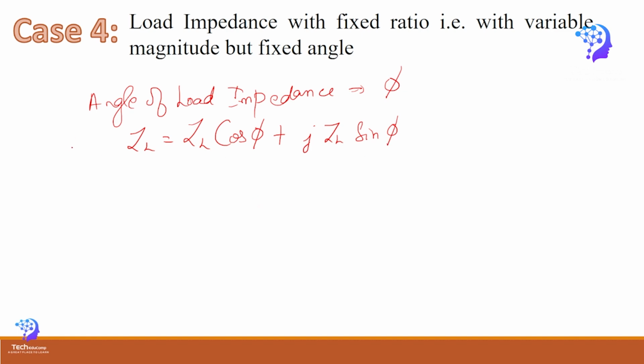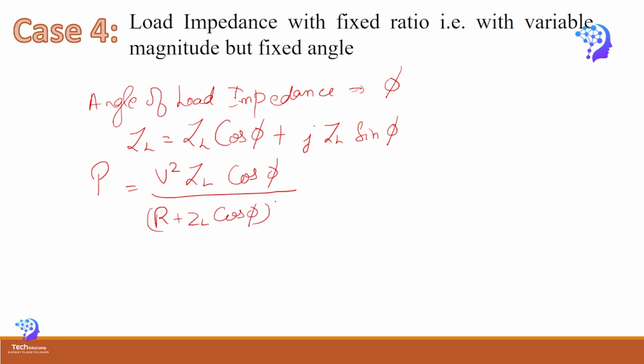So the power delivered will be V square XL cos phi, divided by, because we only want the real values, (X plus ZL cos phi) whole square plus (X plus ZL sin phi) whole square. Okay, this is number 1.